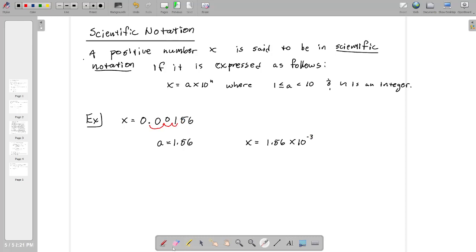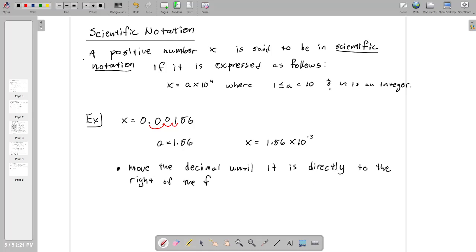Decimal move. Move the decimal until it is directly to the right of the first non-zero digit. So we would move 3 units in this case. The exponent is the number of times the decimal moved.